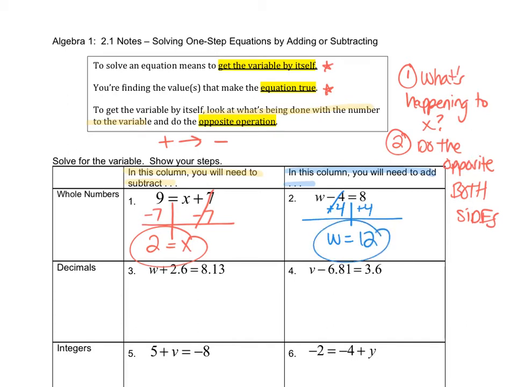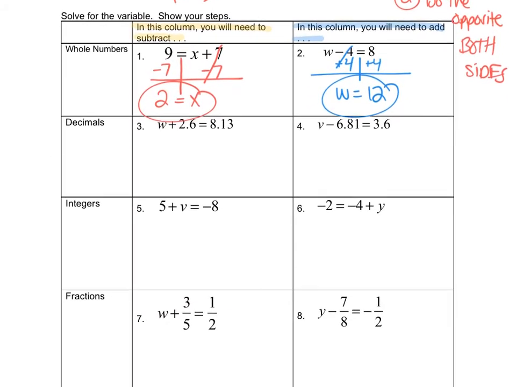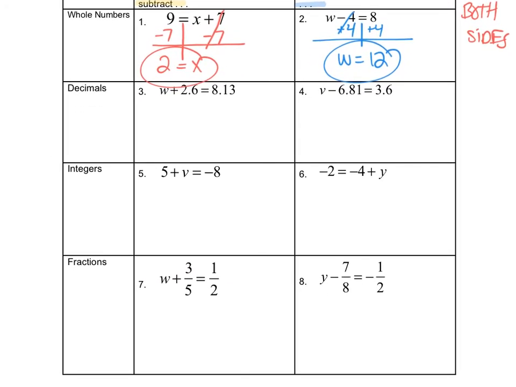Okay? So let's go back to the first column where we're going to have to subtract, and notice that we're going to have to do it with decimals this time. And feel free to use a calculator if you have it on hand, because you might want it when it comes to decimals, okay? And when it comes to fractions.